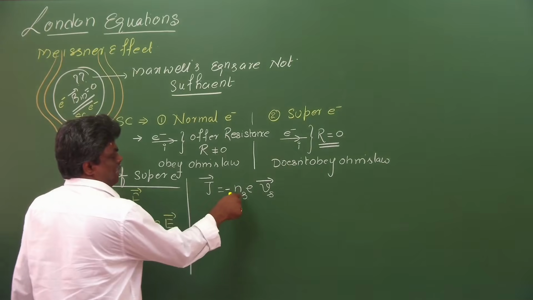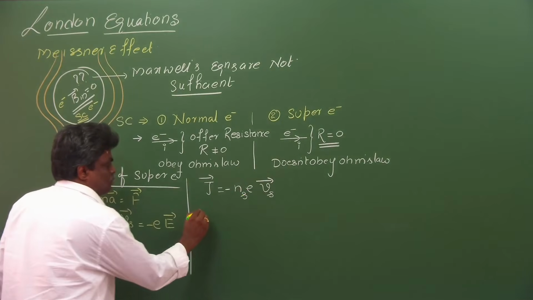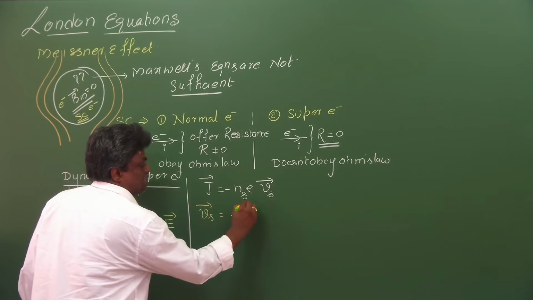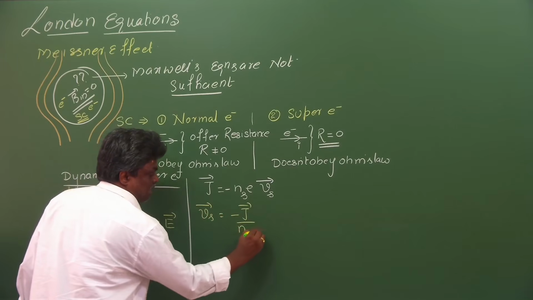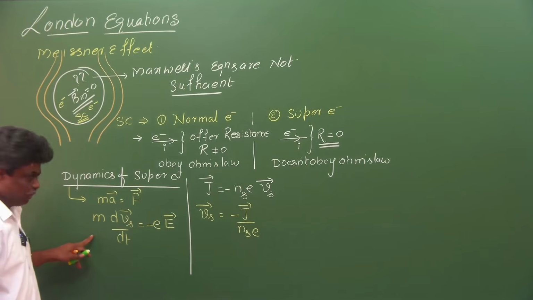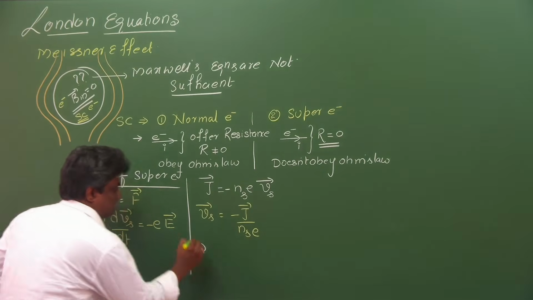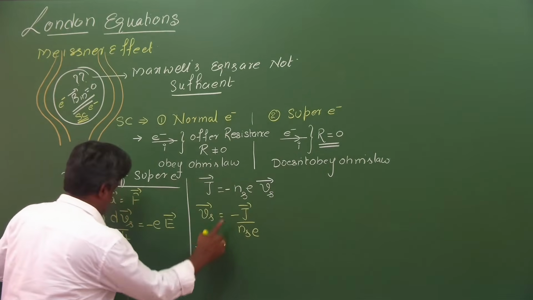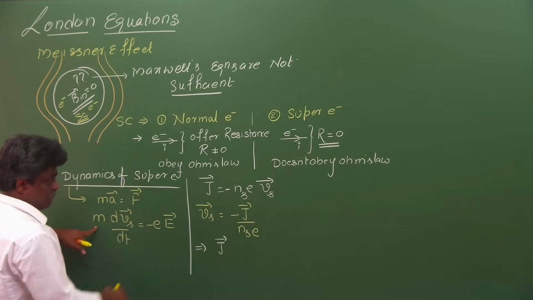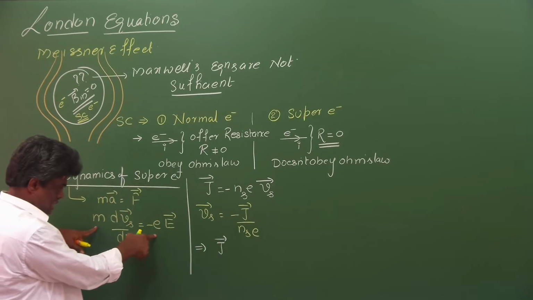J is equal to minus Ns e Vs bar. So I can write Vs bar equal to minus J bar by Ns e. With your permission, I will substitute here. Then the minus signs cancel.